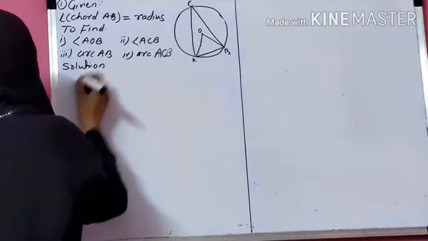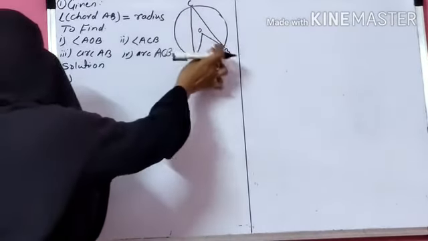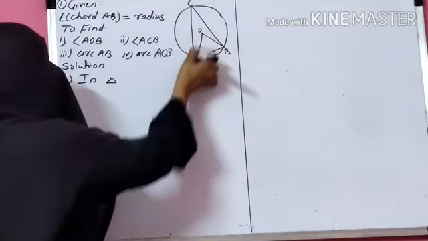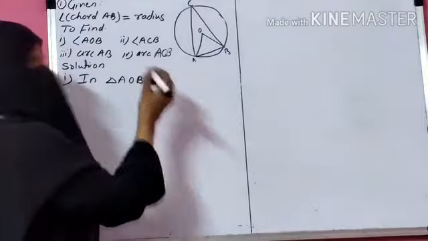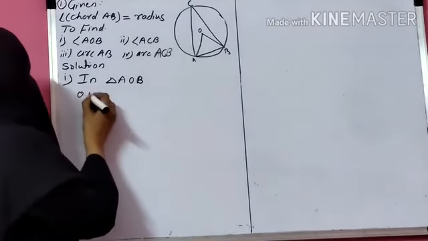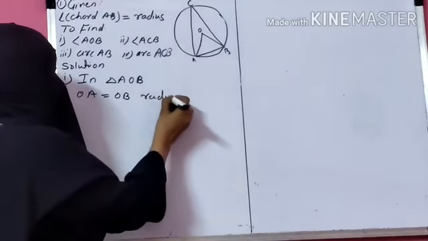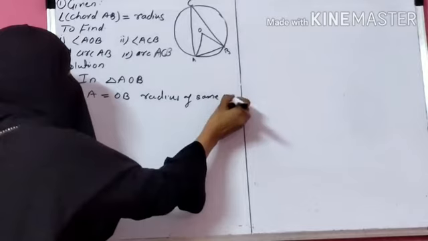Solution. First one, the length of chord AB is given equal to the radius. So let's start in triangle AOB. In triangle AOB, OA is equal to OB, radius of the same circle.